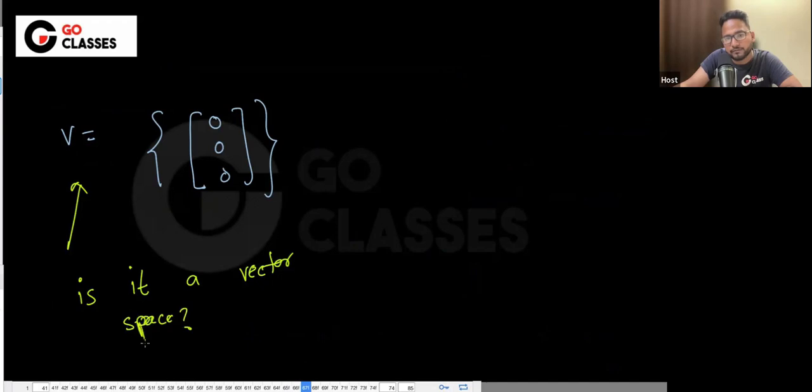What do you think? You take any two, basically there is just one, right? Or you take the scalar multiplication of that, you take the linear combination of that only. Whatever you want to do, that stays in this, right? So yes, this is a vector space. The answer is yes, it is a vector space.